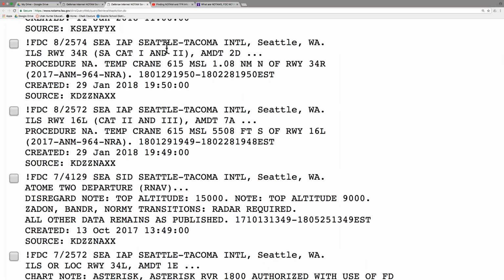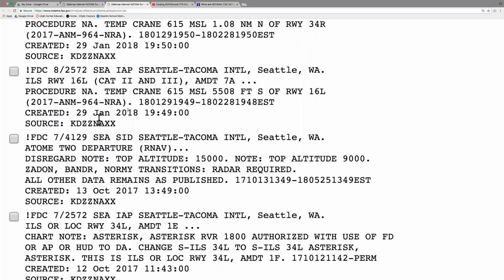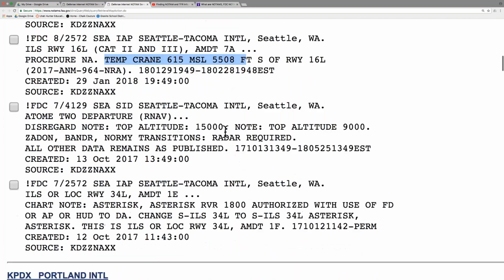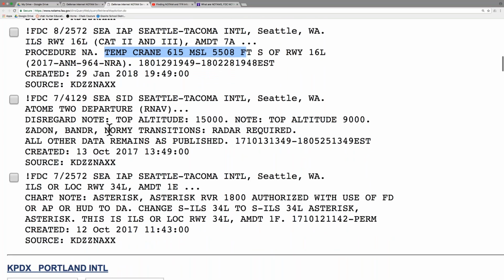So we could go into our instrument approach procedures and we could cross that one off the list. Can't use it. Can't even plan to it, right? And it's telling us that 16 left is also closed. The procedure is not available because, once again, a crane's in the way.